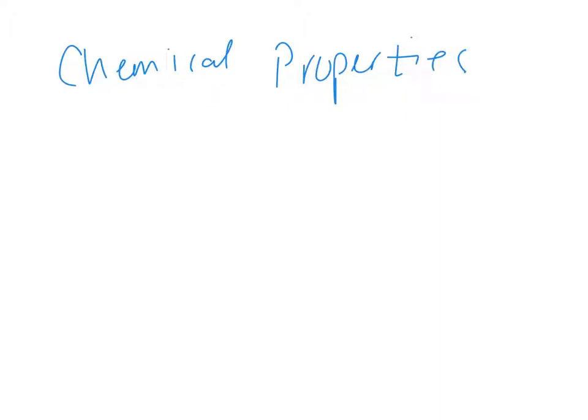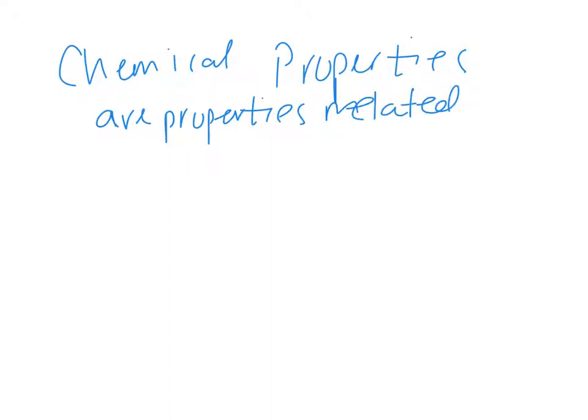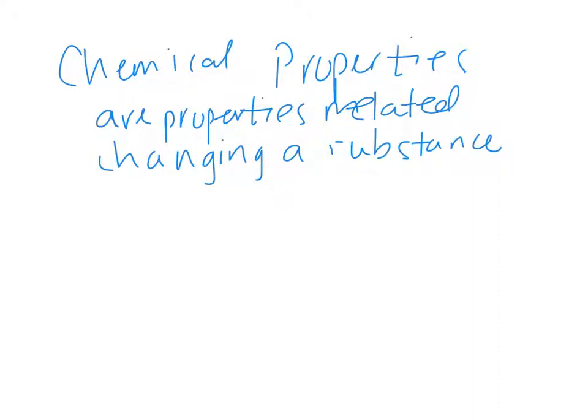Chemical properties page. So, chemical properties are properties related to changing a substance, i.e. changing the actual matter or the chemical makeup.